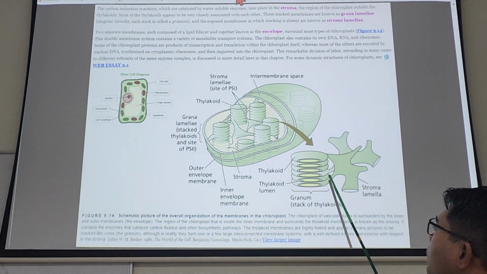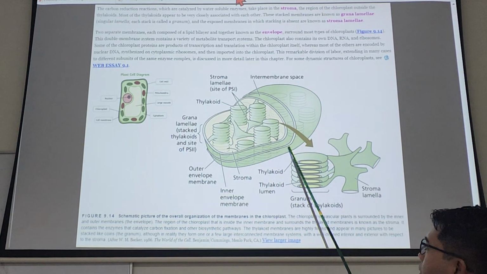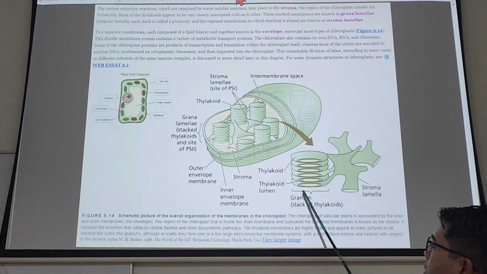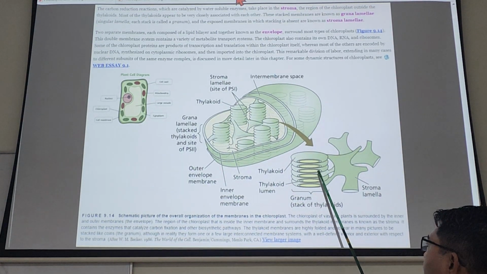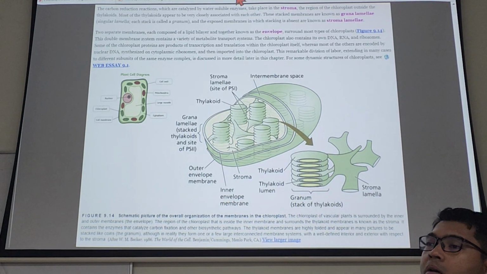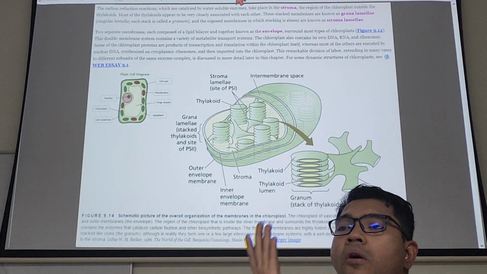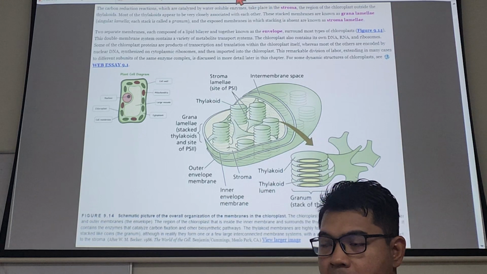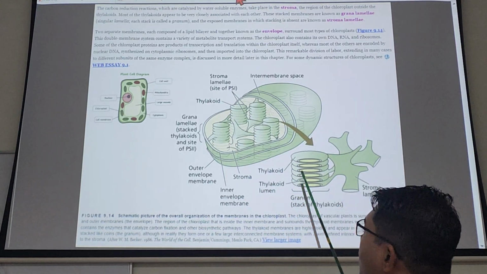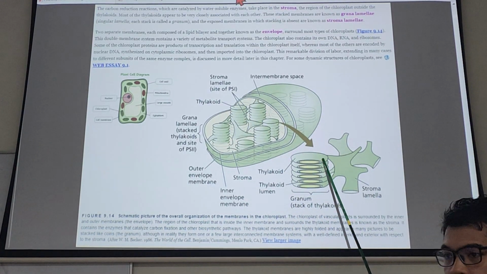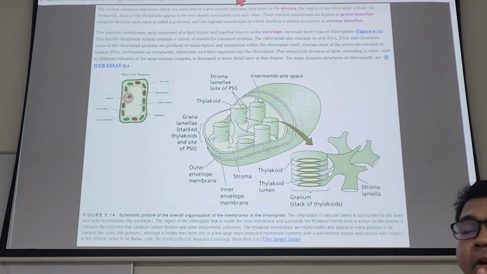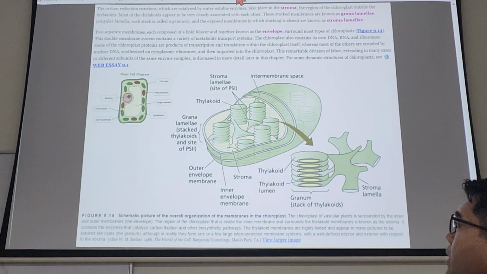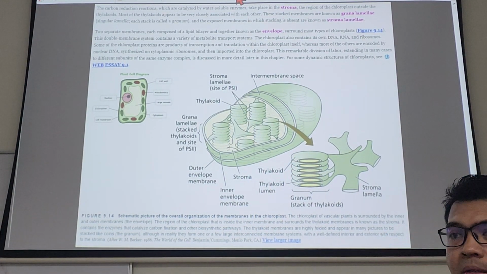A stack of these is called a granum. 1 pancake, 2 pancakes, 3, 4, 5, 6. The whole thing is called a granum. One pancake is called a thylakoid disc. It's not written there, but it's called a disc. It's actually a disc.